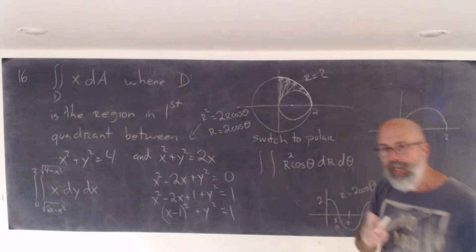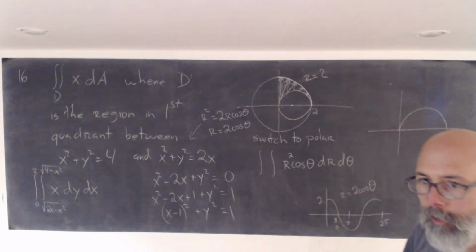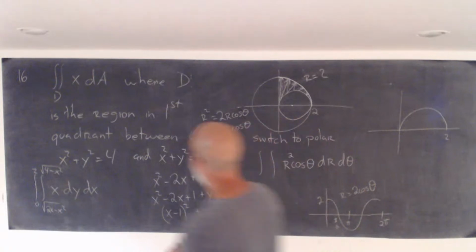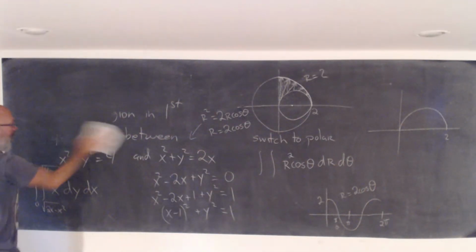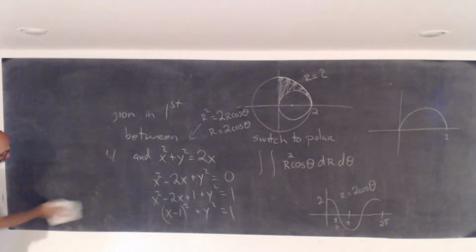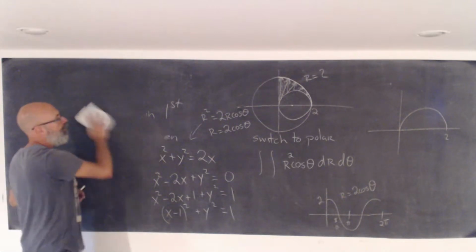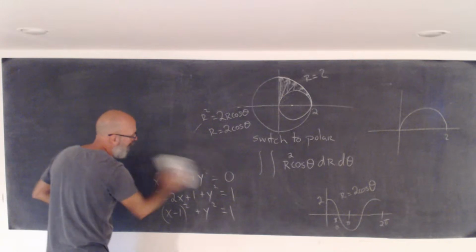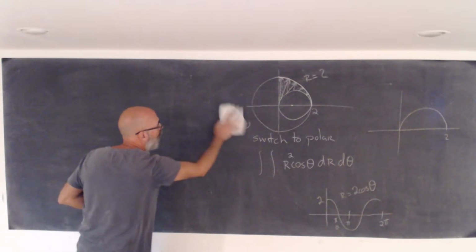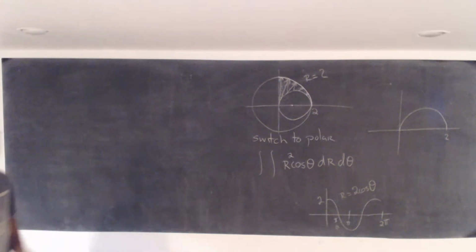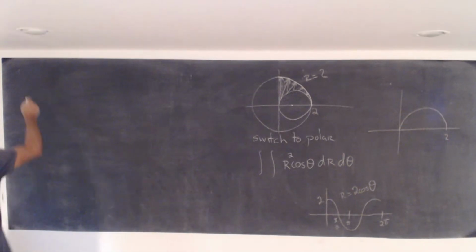So we cannot set it up as a single integral here. We have to split it up into 2 pieces because the values of theta vary depending on the large versus the small circle. So what are we going to do?